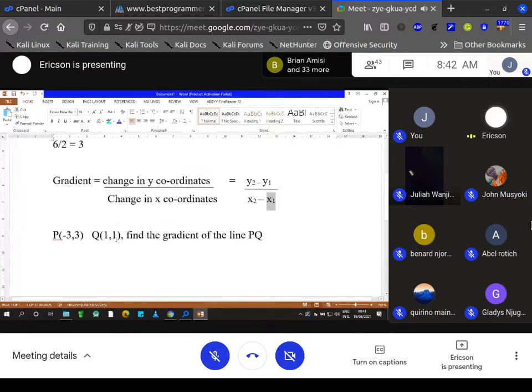That will be 1 minus 3, which is negative 2, divided by 1 minus negative 3, which gives 4. So that is the same as negative 2 divided by 4, and that will be negative half.